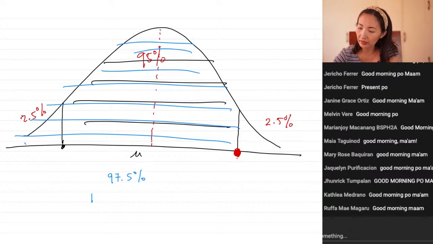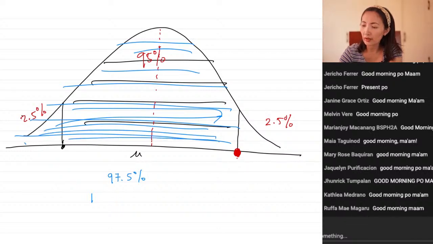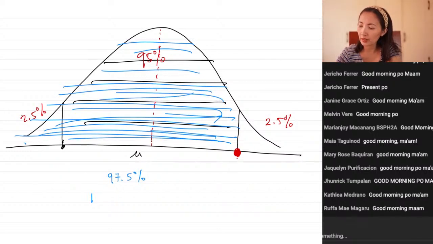So the shaded region, from the red mark to the left, is 97.5% of the normal distribution. We look up in the table the z value corresponding to 97.5.